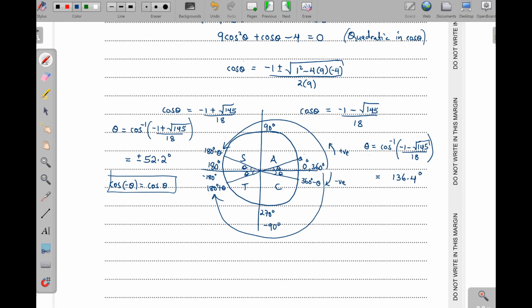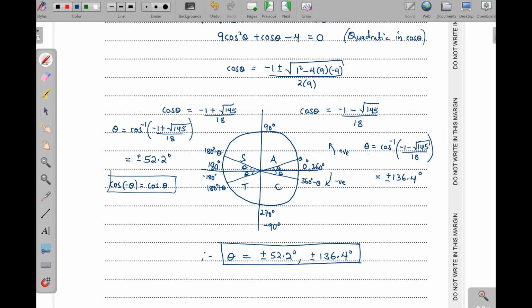But remember, when you are moving clockwise, the angles are negative. So I will also put here plus or minus, as simple as that. So therefore, our theta is equal to plus or minus 52.2 degrees, and then plus or minus 136.4 degrees. That is that.